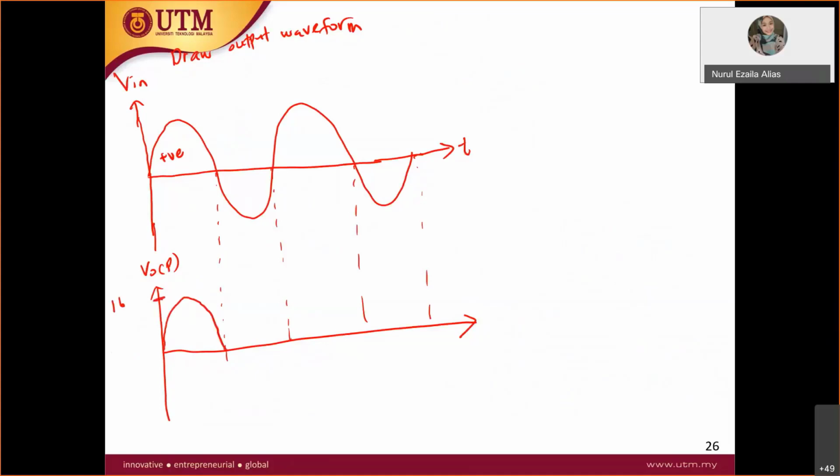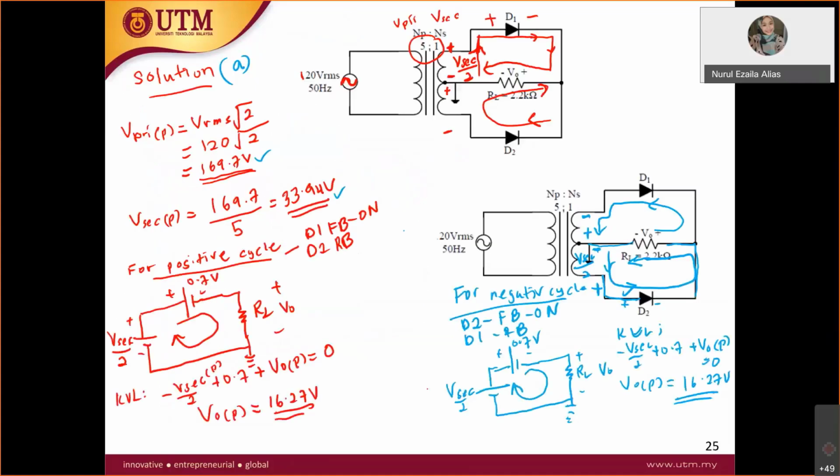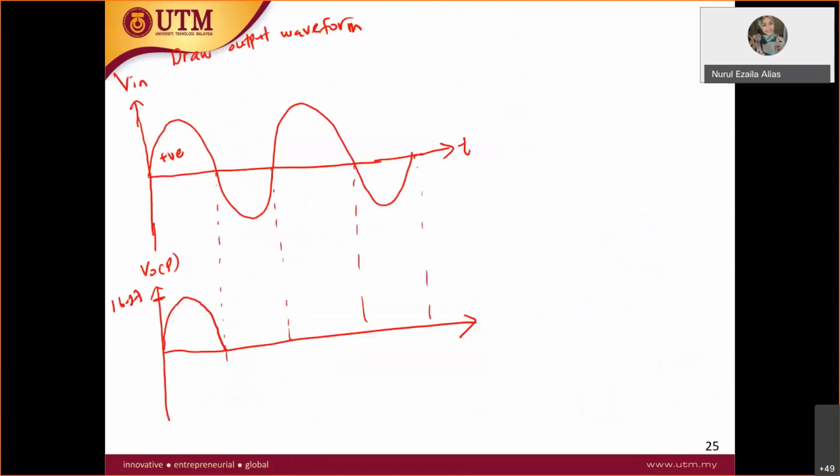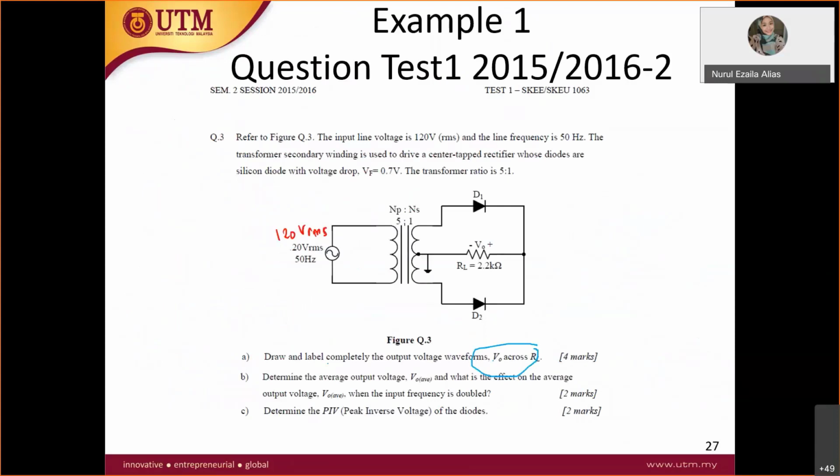And then during your negative cycle, you are still able to get 16.27. So there you go, 16.27, and so on, back to the positive cycle and back to the negative cycle. So this is how you draw your output waveform, which gives you 4 marks for this part A.